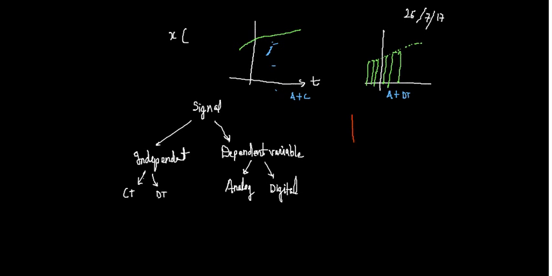Suppose I am defining a signal like this. Tell me. First look at the independent parameter. What is it? Is it continuous? Yes, it's indeed continuous. It's a continuous time. Look at the amplitudes. Can I take an infinite number of amplitude values?